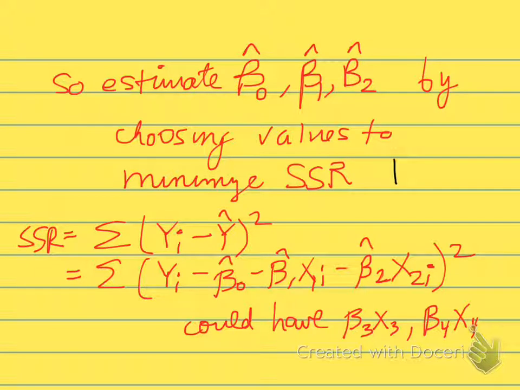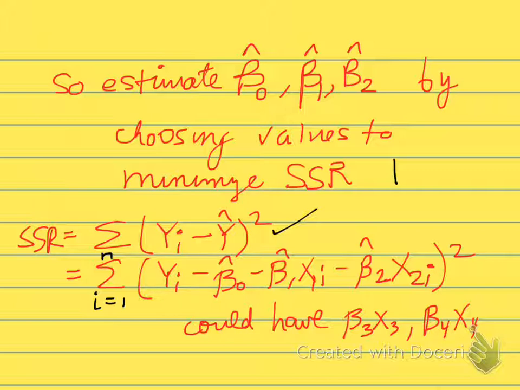Now we're going to estimate beta 0 hat, beta 1 hat, beta 2 hat, the estimates of our coefficients, exactly the same way. We're going to choose values to minimize the sum of squared residuals. The sum of squared residuals is exactly as before, the difference between the actual value of y and our predicted value of y for each observation. So the sum is going from i equals 1 to n, however many observations we have in our sample. In the test score case, it's 420.